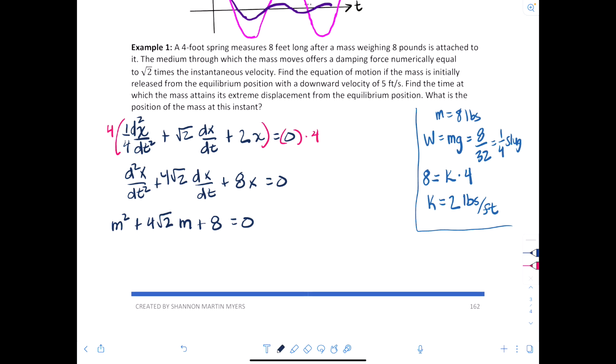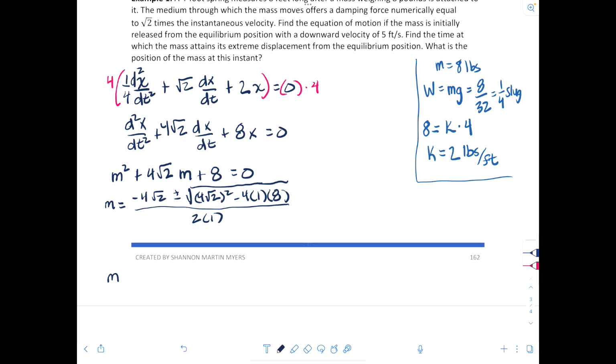I know it looks ugly, but it's okay. m will equal, using that quadratic formula, the opposite of 4 root 2 plus or minus the square root of 4 root 2 squared minus 4 times 1 times 8, all over 2 times 1.